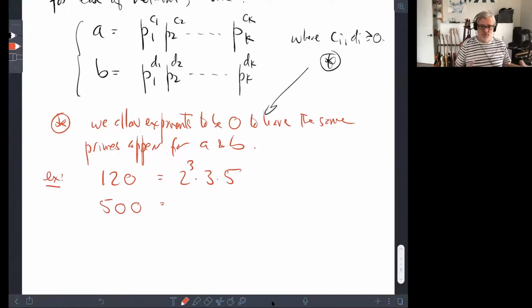What I want is to compute the GCD of these two numbers. So 500 is 2 squared times 5 cubed. Now you see that the primes that appear in both are not the same. 3 doesn't appear as a prime in the decomposition of 500. But what I'm going to do is fake it. I'm just going to add it in, but put an exponent 0 so that it's the same primes that appear. I can always do that. There's only finitely many primes appearing in total.